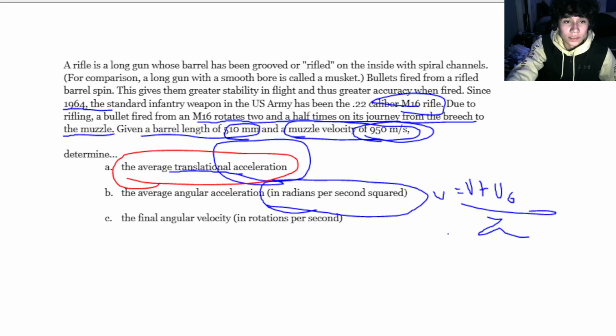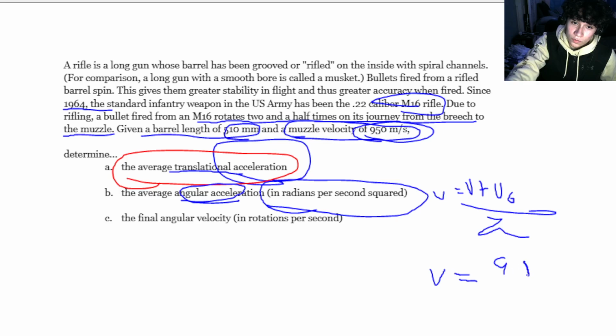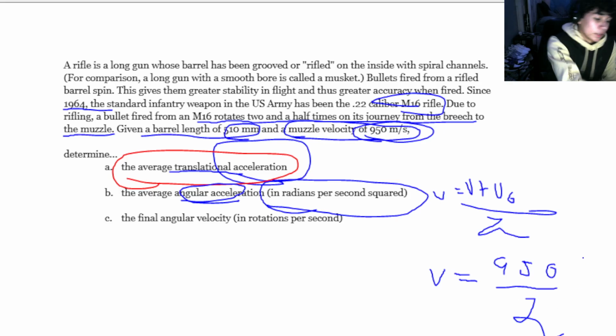And so then for the average angular acceleration, you're plugging in basically the same values. It's easy because you're just doing the 950 meters per second, and then the initial velocity, which would be 0 again, so it would be 950 over 2. And so then you plug in your calculator.